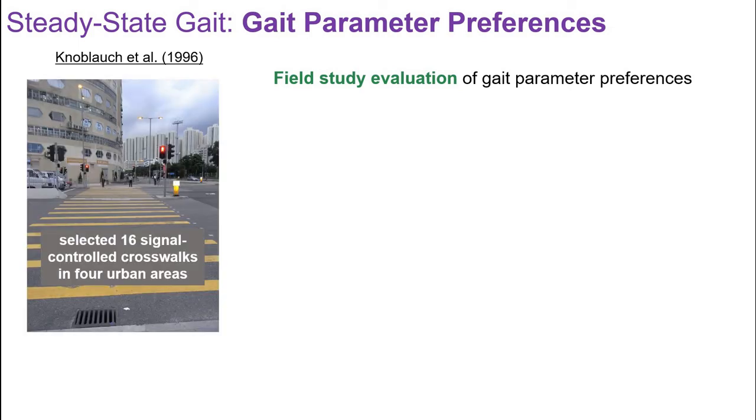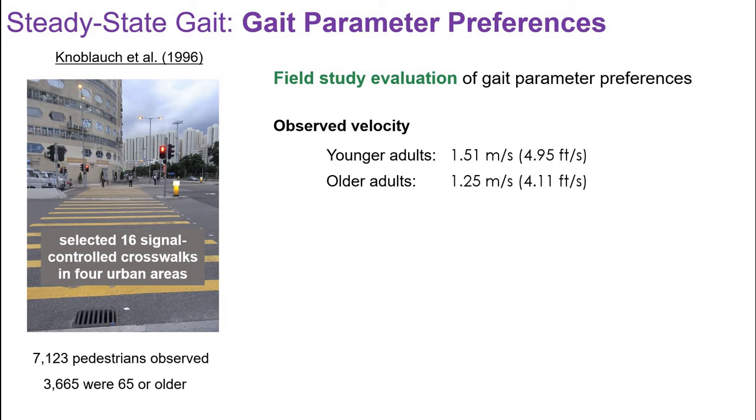In this particular field study, the researchers studied people crossing a signal-controlled crosswalk. They observed about 7,000 pedestrians crossing this crosswalk, and about 3,500 of them were 65 or older. In this research, younger adults were observed to cross the crosswalk much faster than older adults.